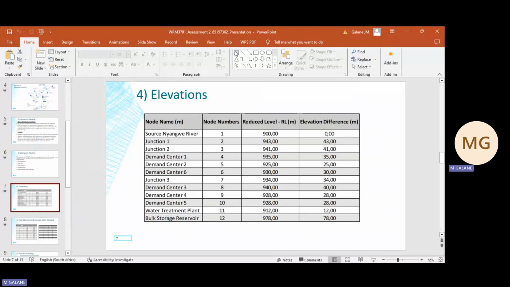The difference from the benchmark, which is the zero level, the river level, which is 900: so it's 943 minus 900 is equal to 43. So that is the difference in elevations.